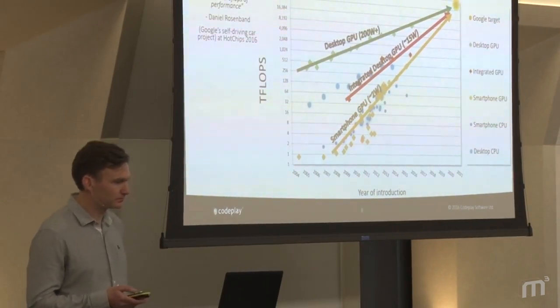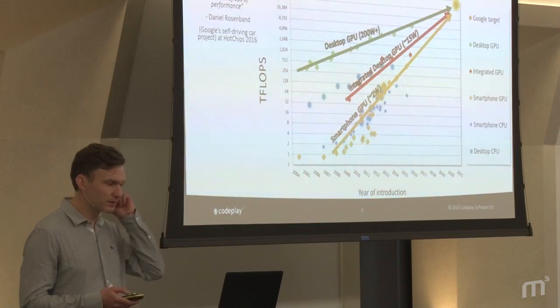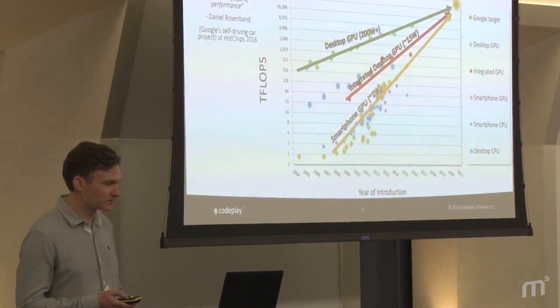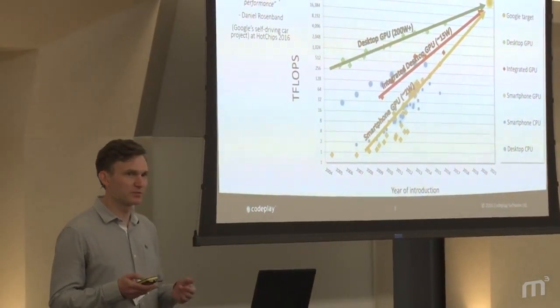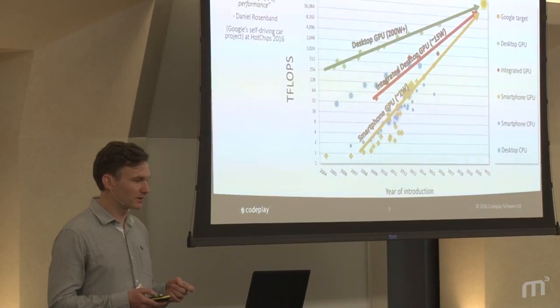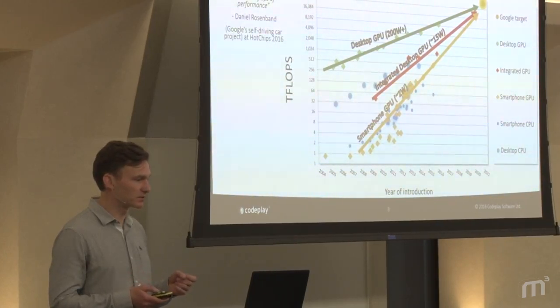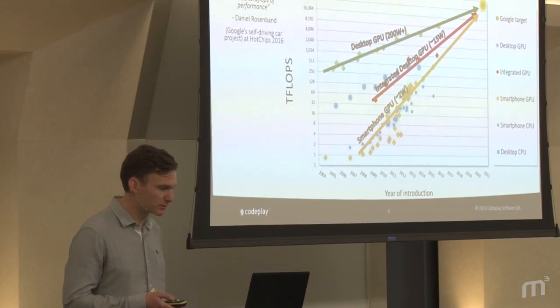Okay, so this is a slide that I got from our CEO, but he likes to show this because, I guess, of the business that we're in and the advantages that we can give people. But this was something that Google said last year about how much processing power they need in order to build a fully autonomous vehicle, which is 50 teraflops of performance, which seems like quite a lot to me.